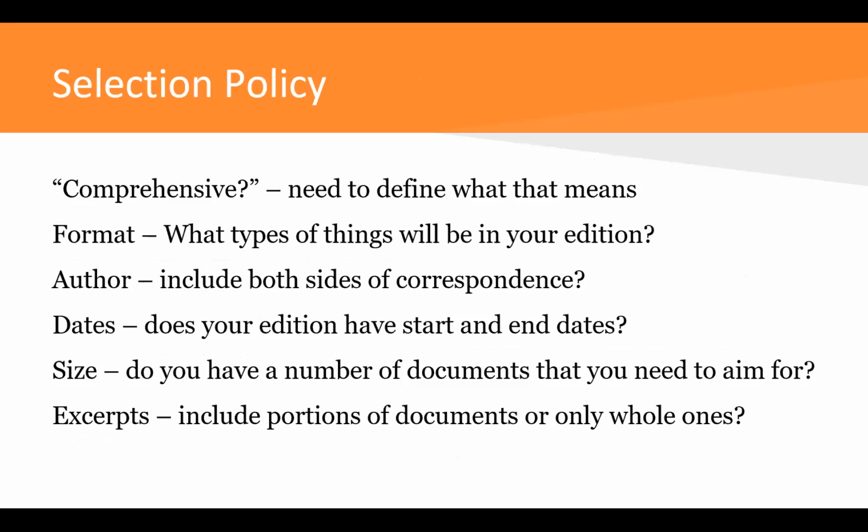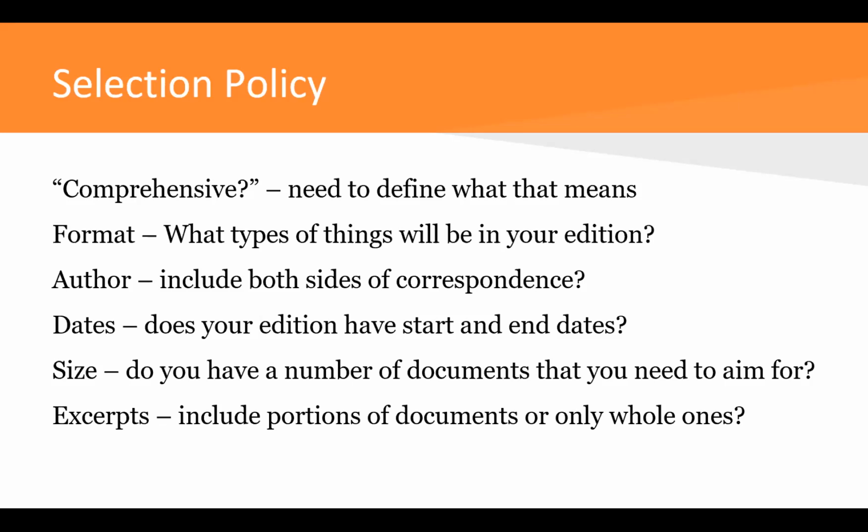Okay, selection policy, comprehensive. You need to define what that means, because here's the dirty little secret. No edition is really comprehensive. There are always going to be some things that you leave out.